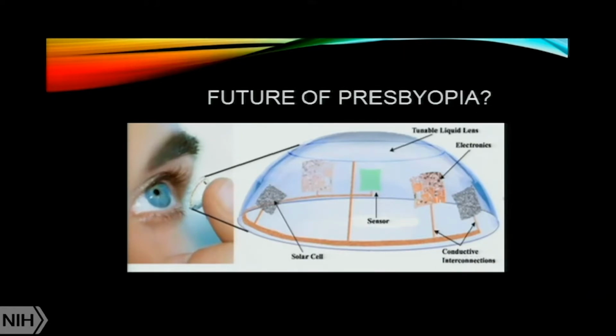Dr. Zhang realizes he's got to have a power source to supply power to these sensors and control electronics. And he knows that you can't even put the smallest battery in a contact lens. So he's going to harvest energy from the environment.